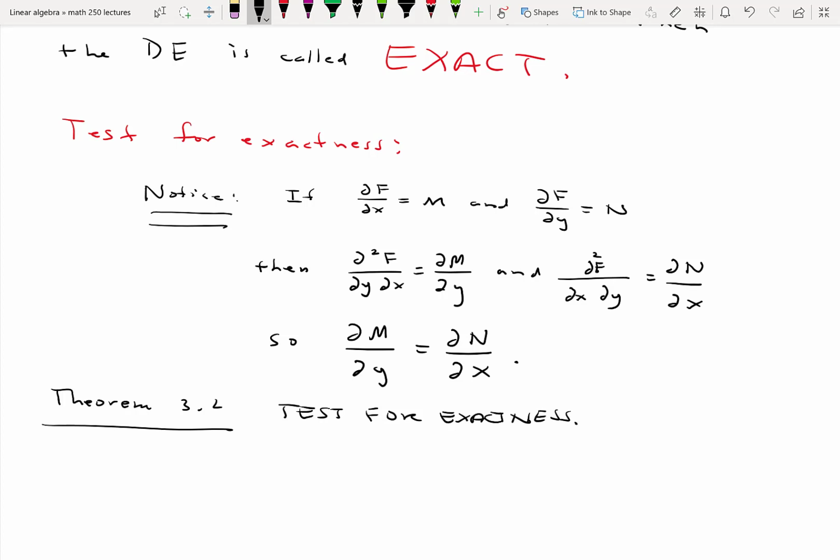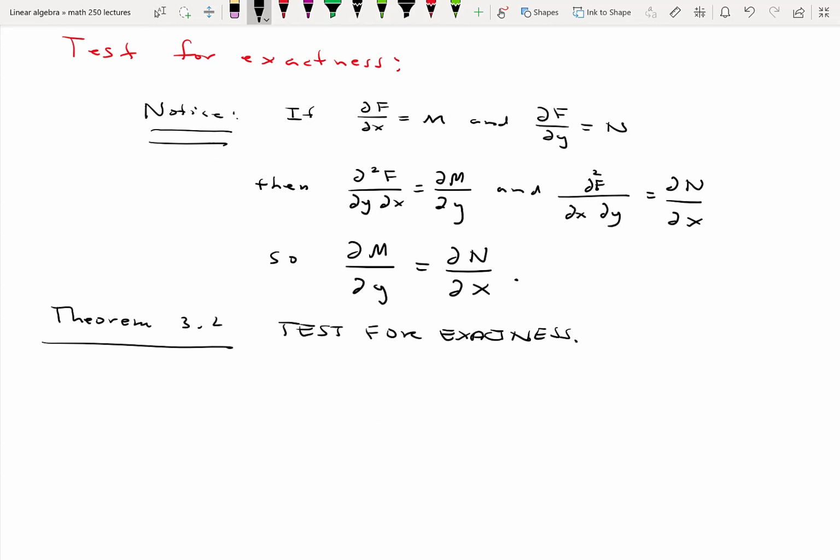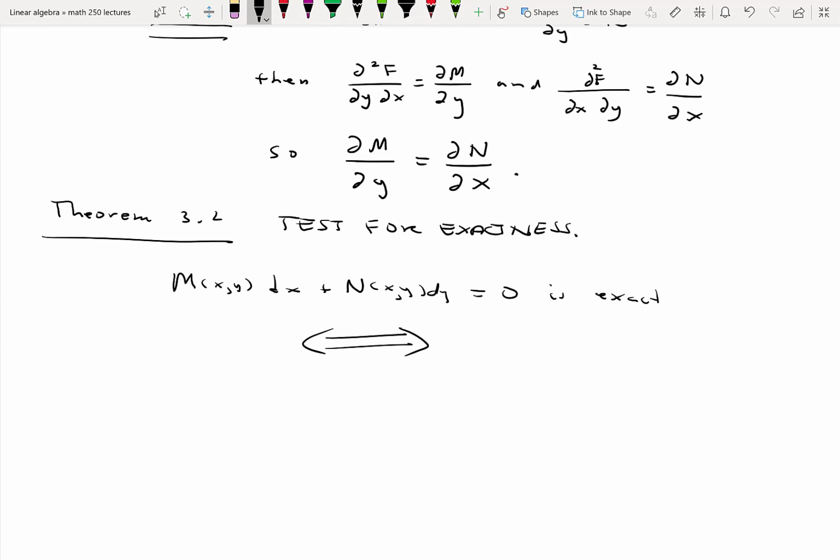Here it is: the differential equation M(x,y) dx plus N(x,y) dy equals 0 is exact if and only if, and here's the test, the partial derivative of the first coefficient with respect to the other variable is equal to the partial derivative of the second coefficient function with respect to the first variable.